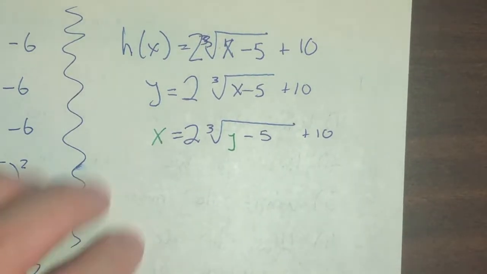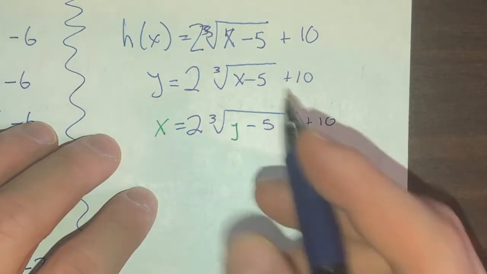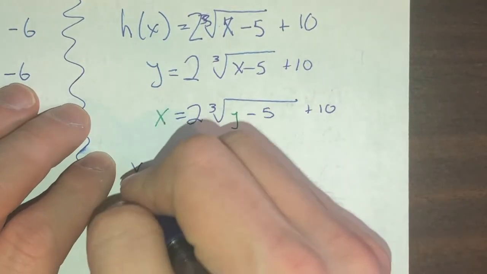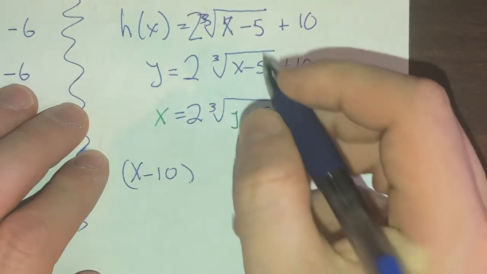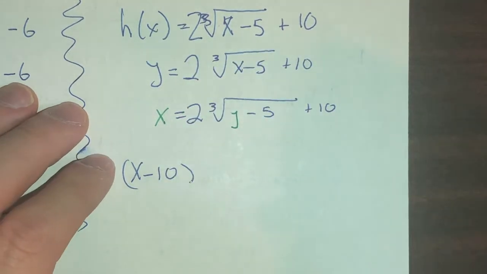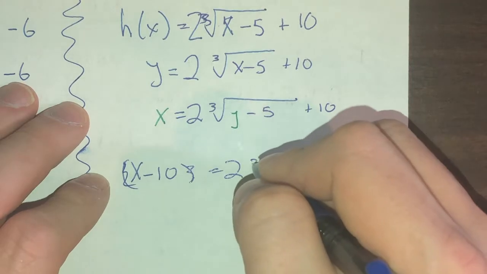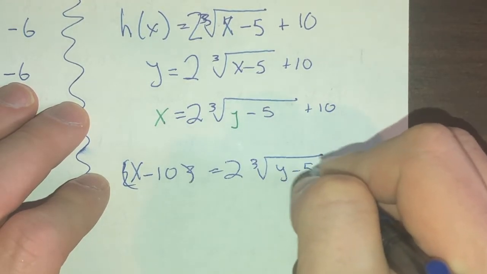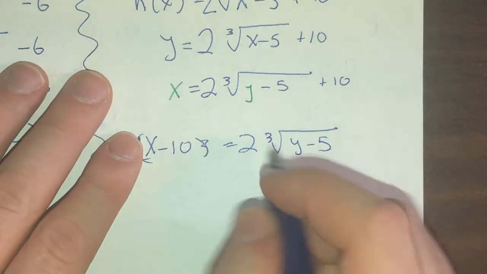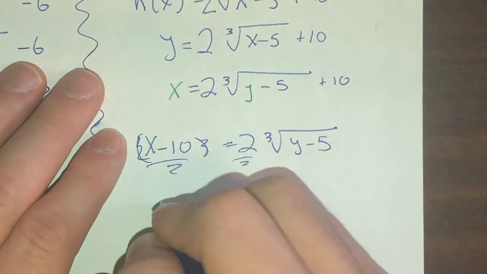This is the cube root. So here I'm going to subtract 10. And I guess I could put it in parentheses, I don't really need to. Okay, now we're going to divide by 2 because we want to get the 2 out of there.